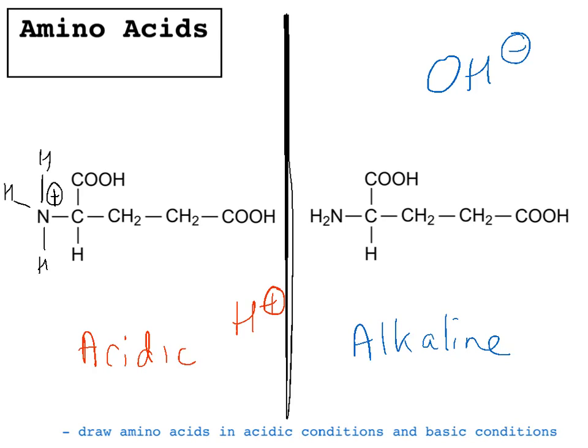And so what you'll make is COO- on this side, and the NH2 side won't gain the proton because it has gone to the OH- instead. So in acidic conditions it becomes protonated and positively charged, and in alkaline or basic conditions it becomes negatively charged, with this end becoming negatively charged.